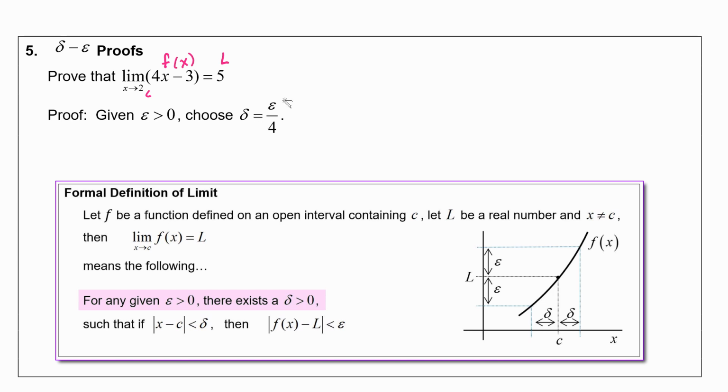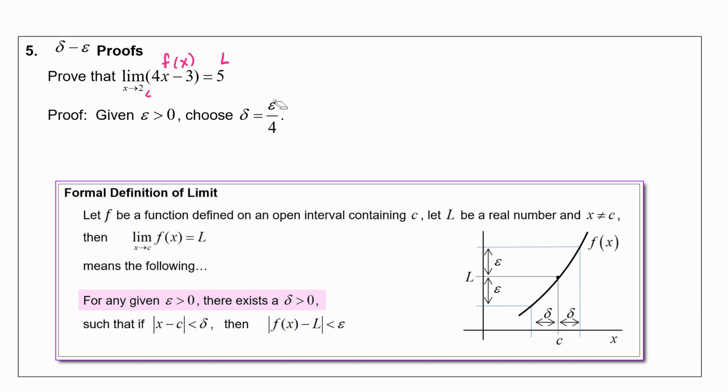This value will be different in every proof, but the format of beginning your proof with given epsilon greater than 0, choose delta equals whatever, will be the first line of every delta-epsilon proof that you write.